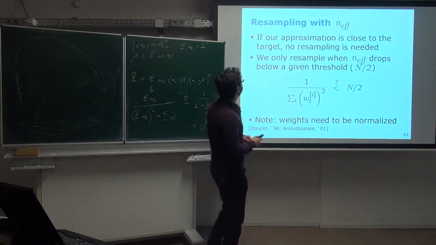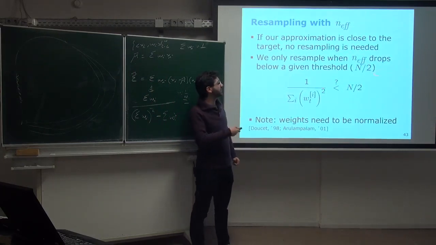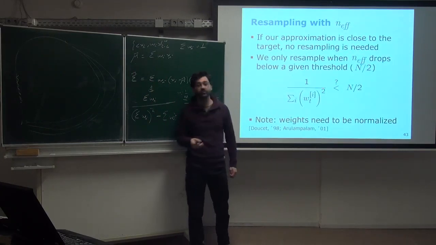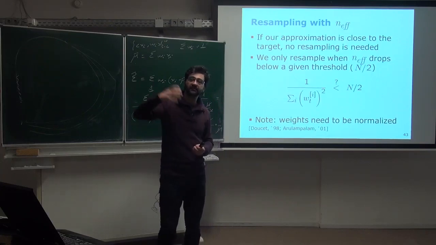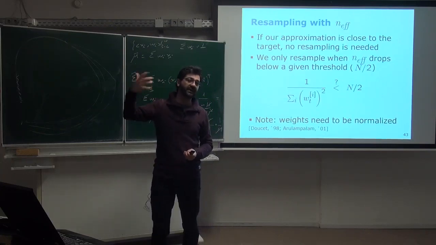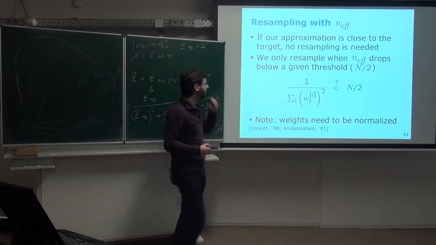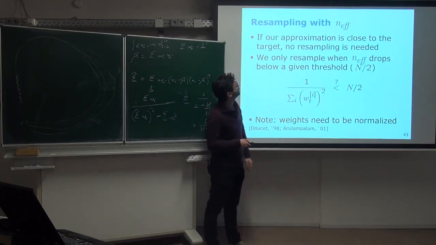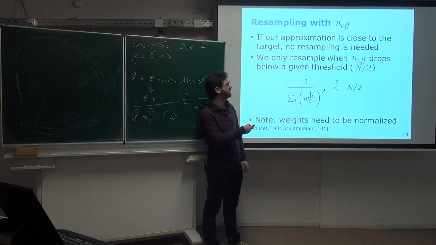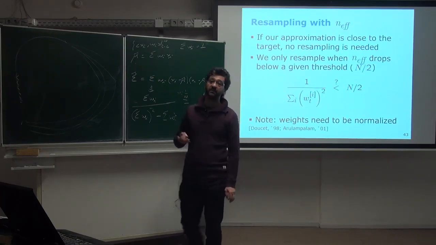Most of the time we use n divided by 2, so we just say, I want to keep at least 50% of my samples alive in this process, and we just do a resampling step whenever this number of effective particles is less than n divided by 2, okay?